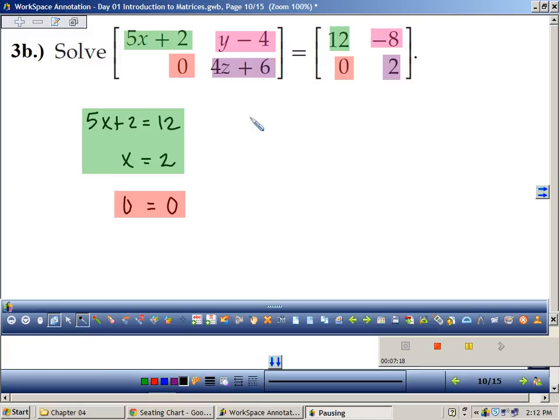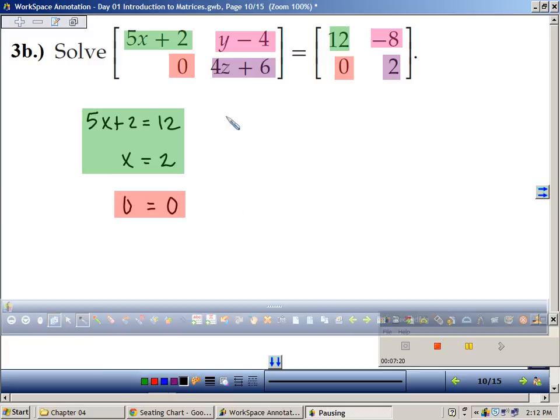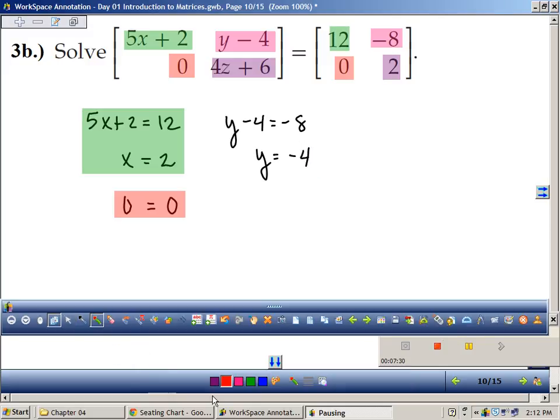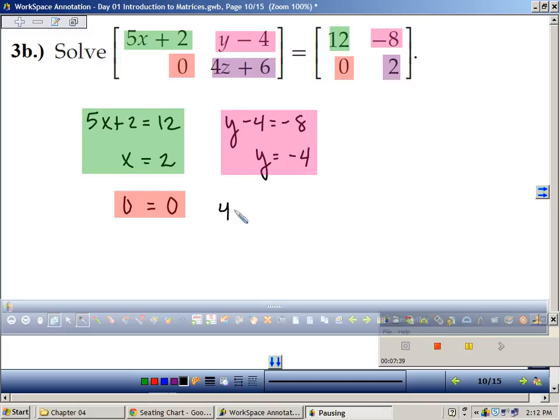So y minus 4 equals negative 8. What does y equal? Negative 4. Negative 4. And for the 4z plus 6 equals 2.